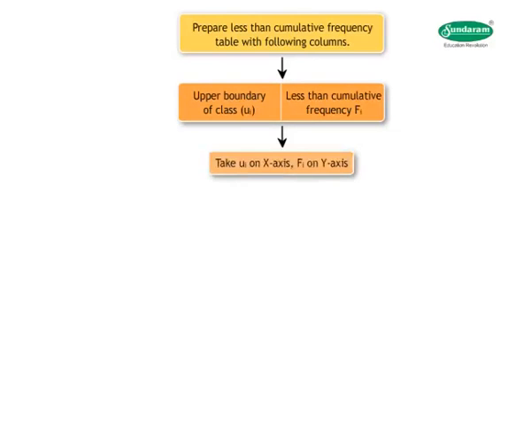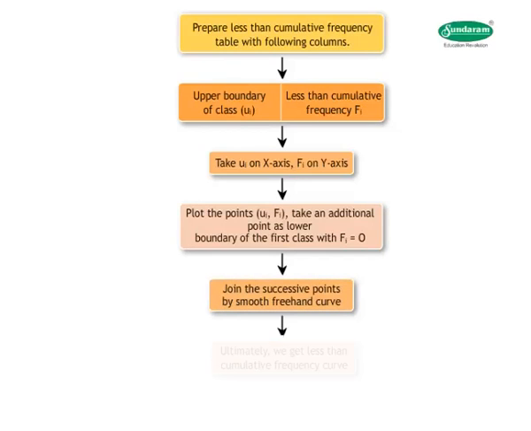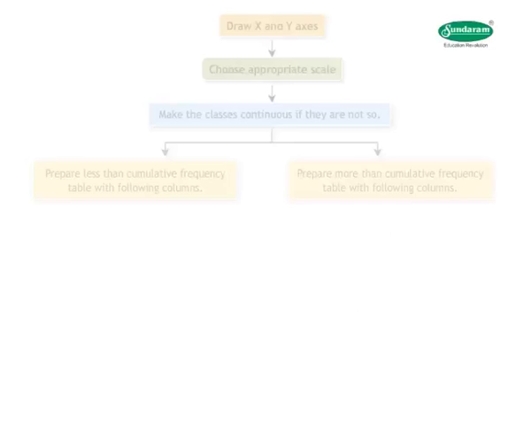Then take U1 on x-axis and F1 on y-axis. Then plot the points U1, F1. Take an additional point as the lower boundary of the first class with F1 equal to 0. Then join the successive points by a smooth freehand curve.